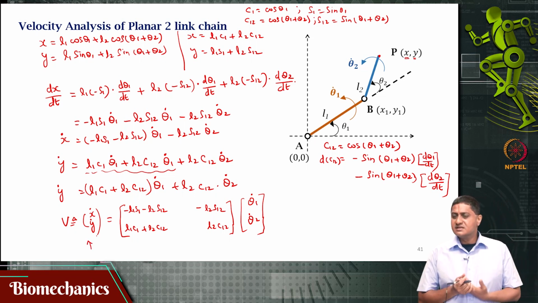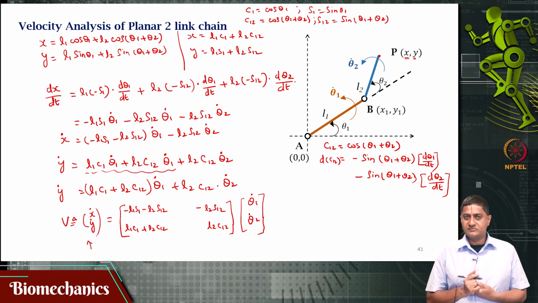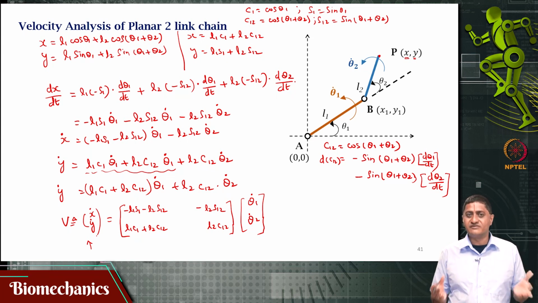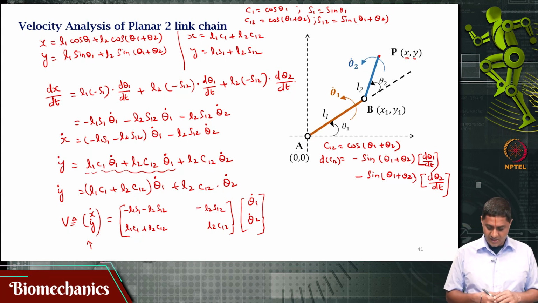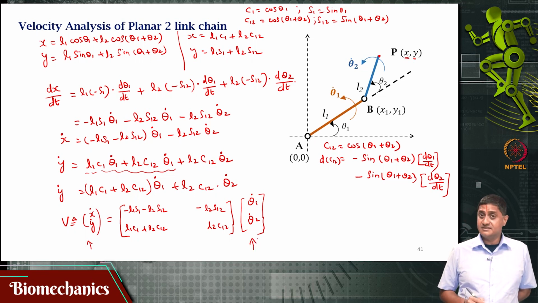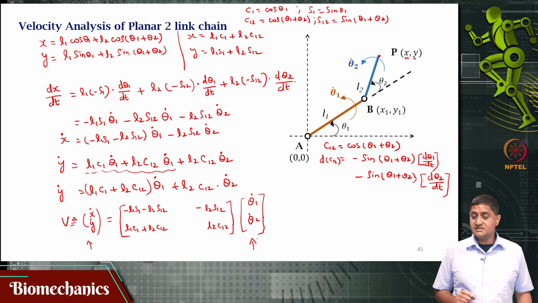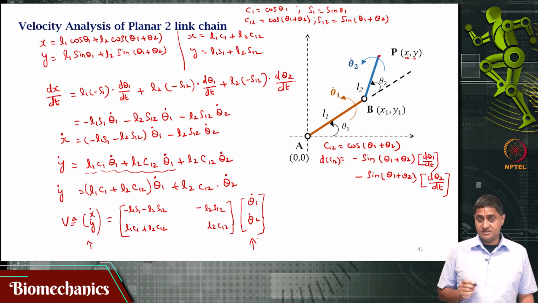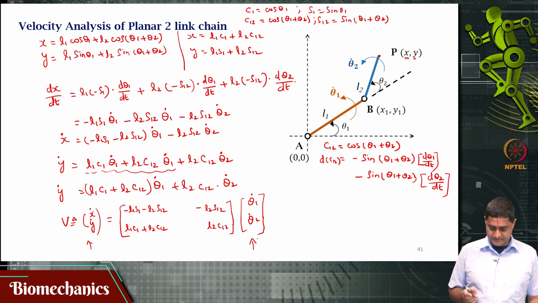What is this? This is the velocity of the end point, or rather the linear velocity of the end point, right. What is the column vector on the right hand side? This is the joint angle velocity or angular velocity of the individual joints.